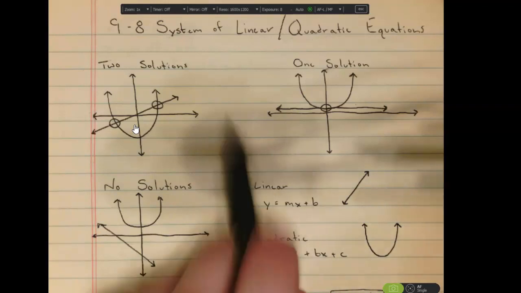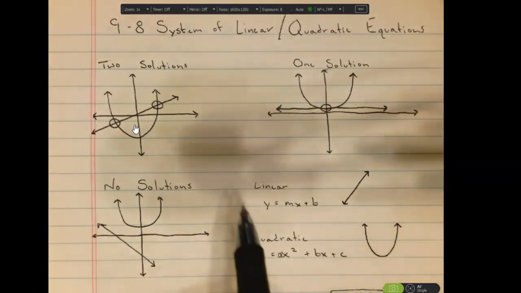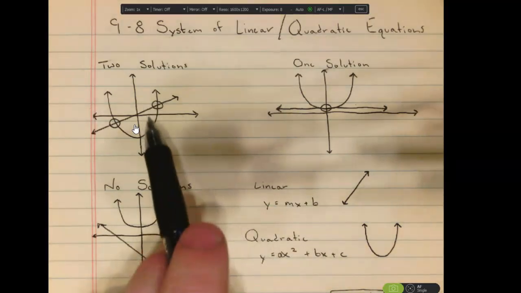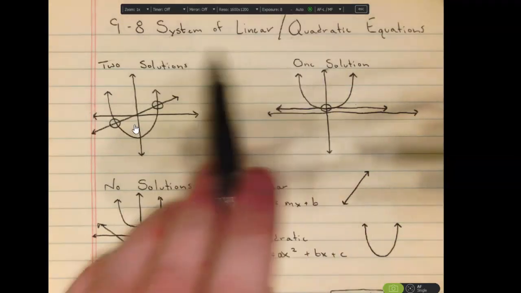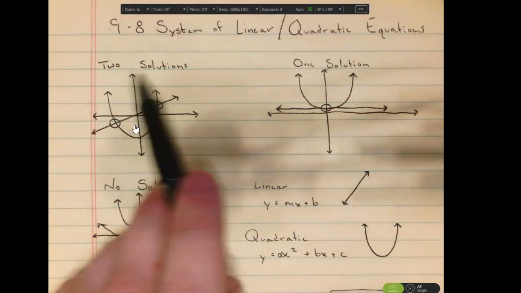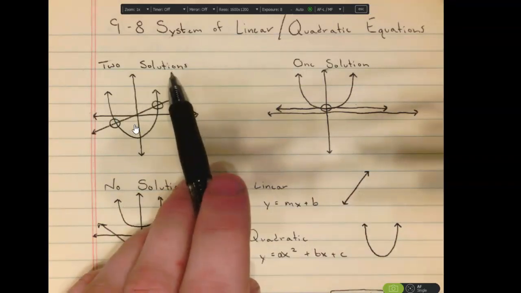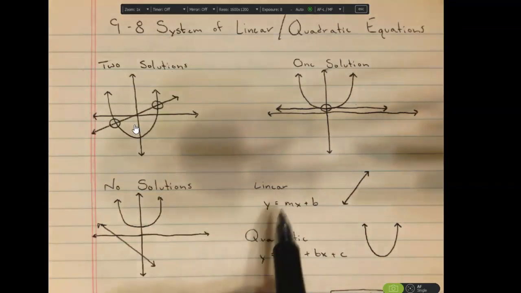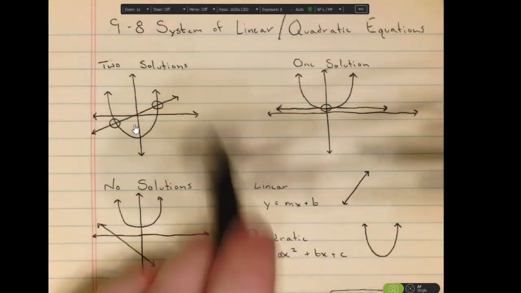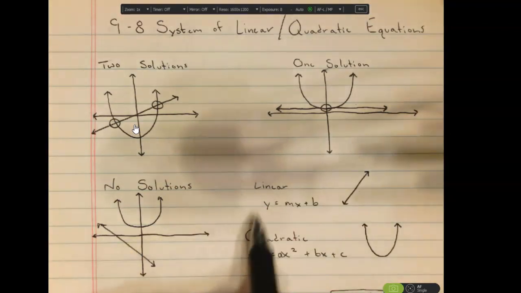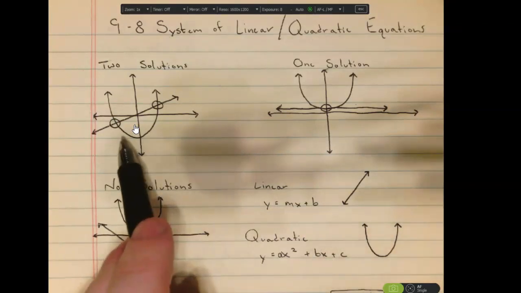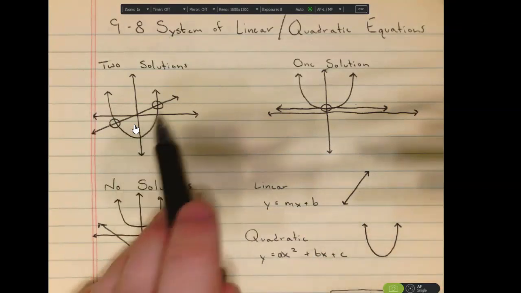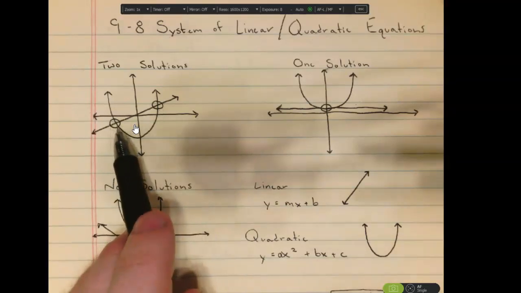Now, through this lesson, there's a couple different things you're going to see. The first is a system of equations where we have two solutions. That means whenever I make a graph with a linear graph and a quadratic graph, those two are going to cross and pass through each other in two different spots.